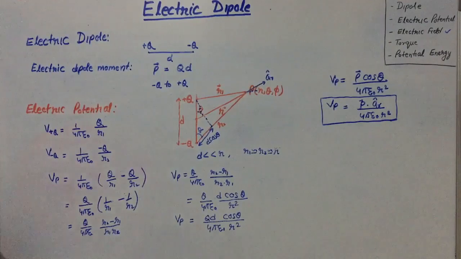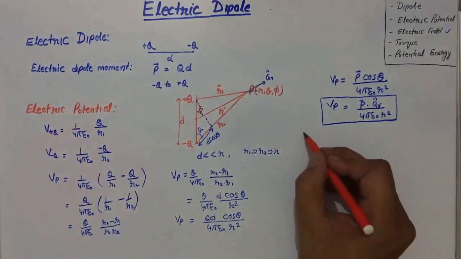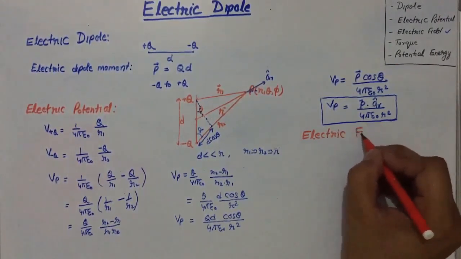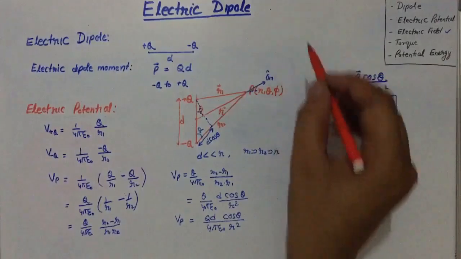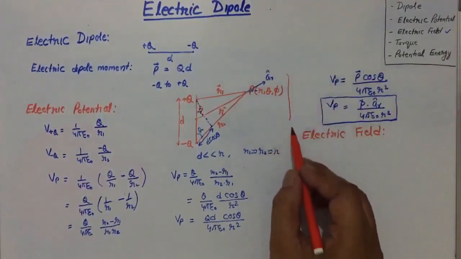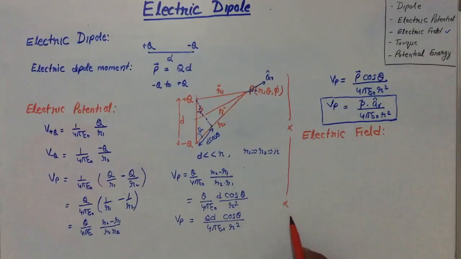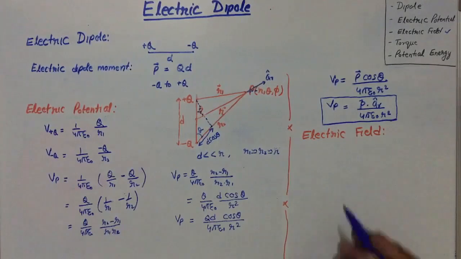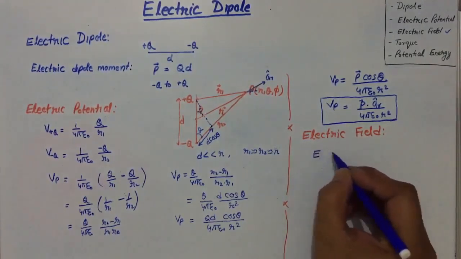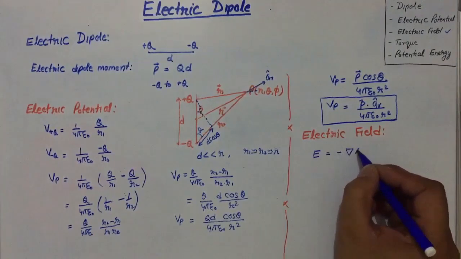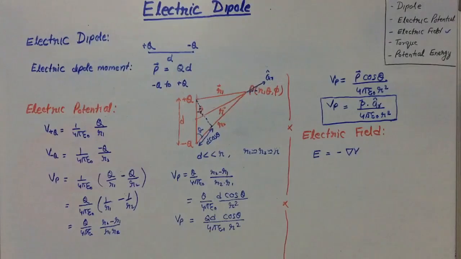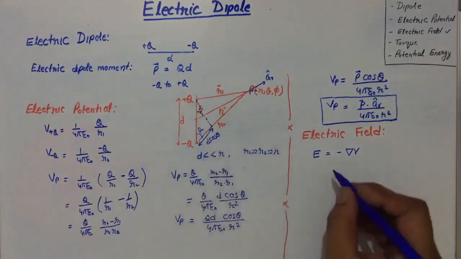Then electric field can be written as, we know, based on the previous study, E is nothing but the negative rate of change of V, del of V. And the system is in spherical coordinates.